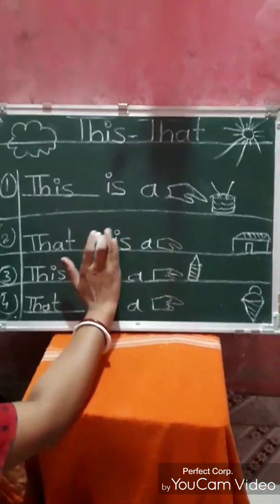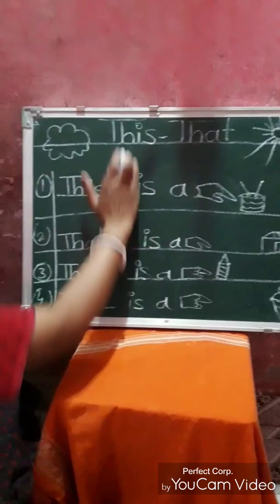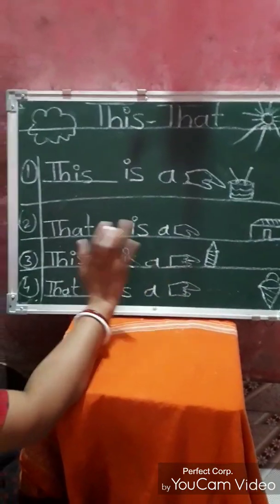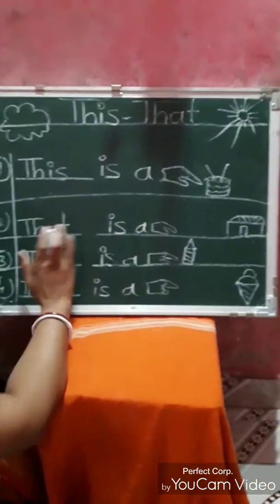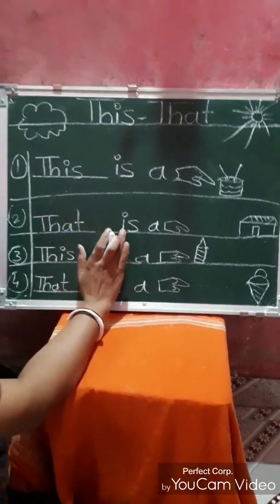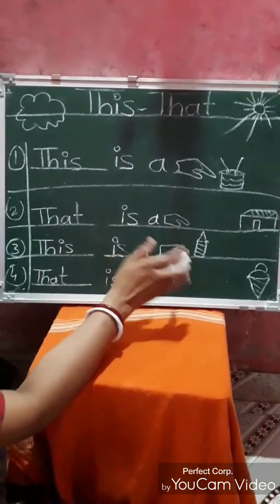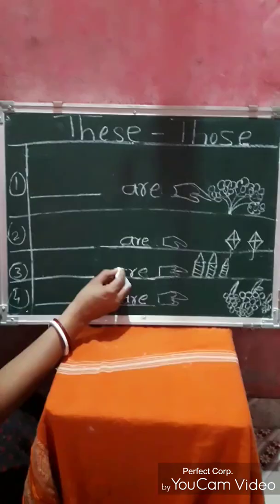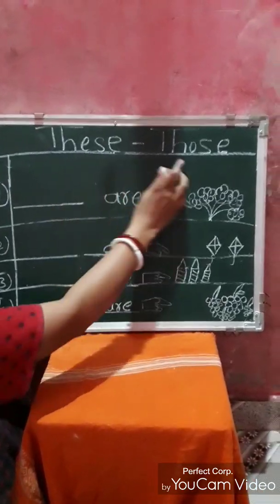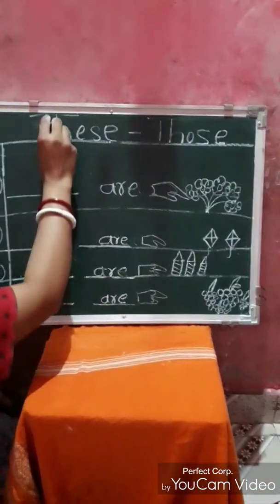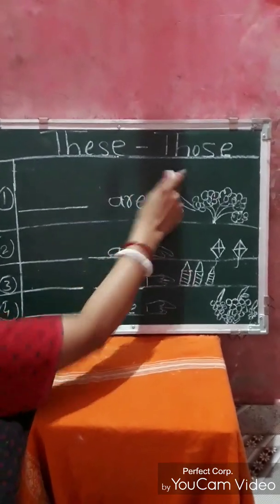The meanings of these and those are the same as this and that, but while using these and those, we keep in mind that the things are in plural number. These means yah and those means wah.